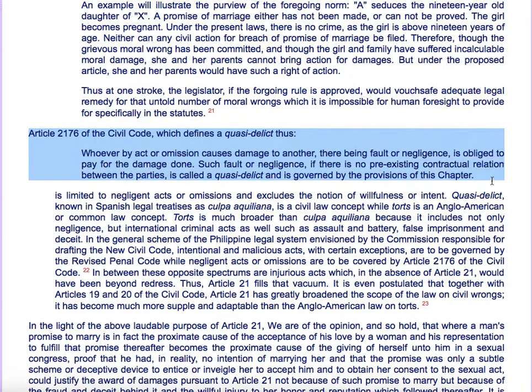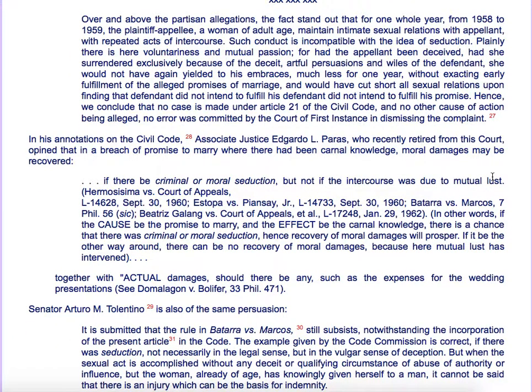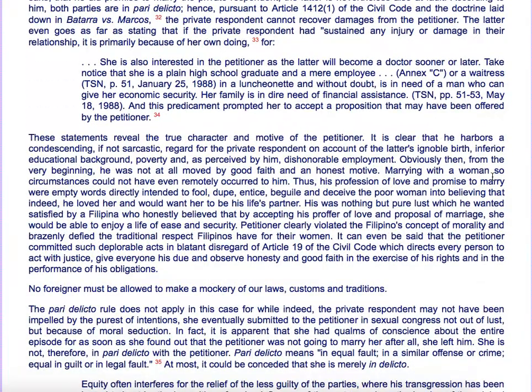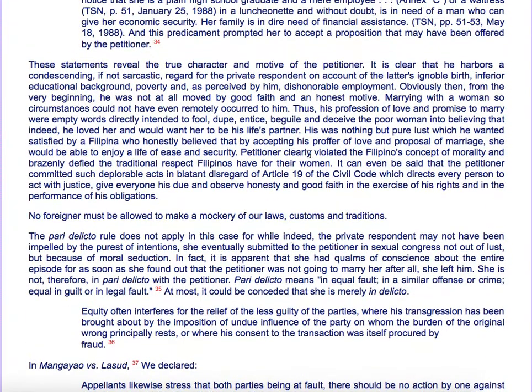So, with those in mind, kung yung mga legal basis mo, you have to put out the facts which support the legal conclusion. All right? Marrying a woman under circumstances that could not have even remotely occurred to him. His profession of love to Mary were empty words to deceive the poor woman into believing that he loved her.